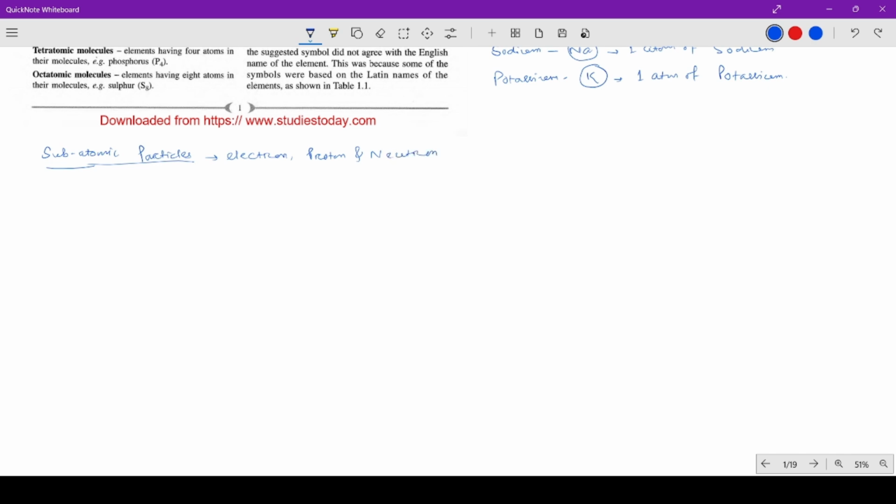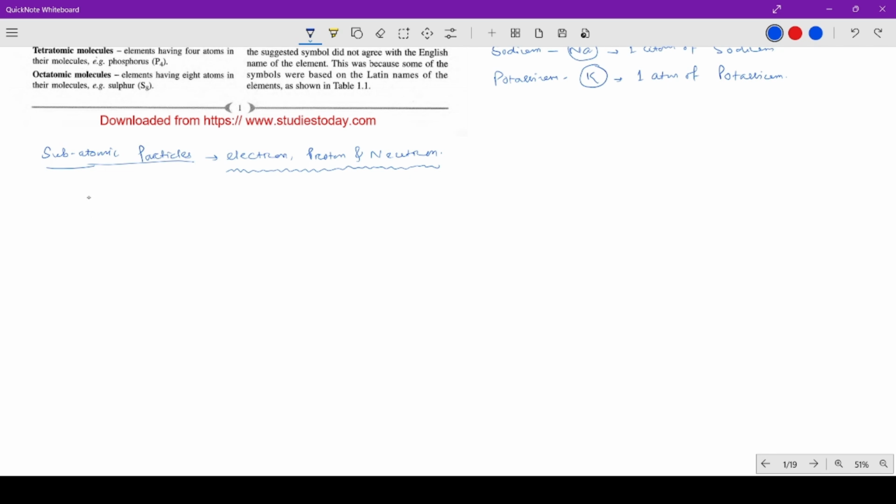In this chapter, atomic structure, we will discuss the discovery of electron, proton, and neutron, but what is important now is to understand what an electron and a proton are, not their discoveries.